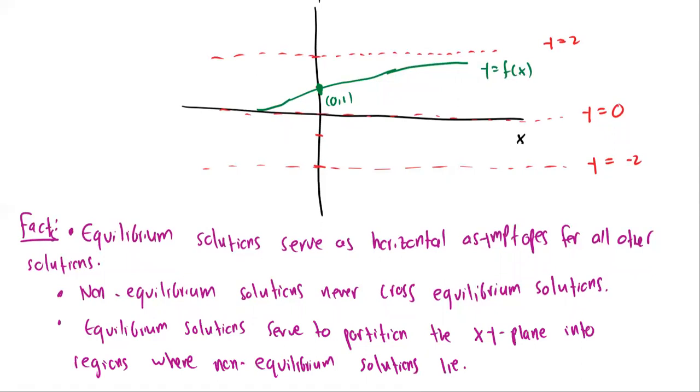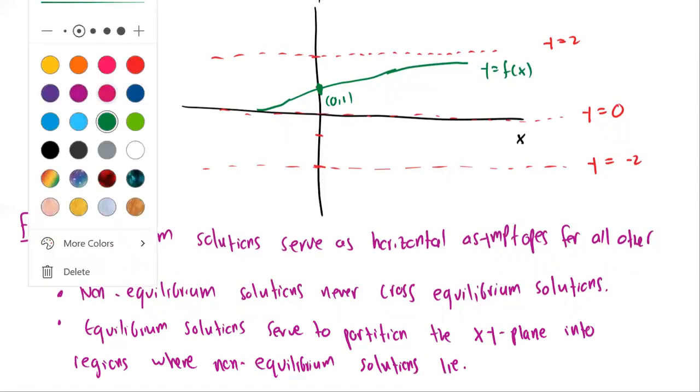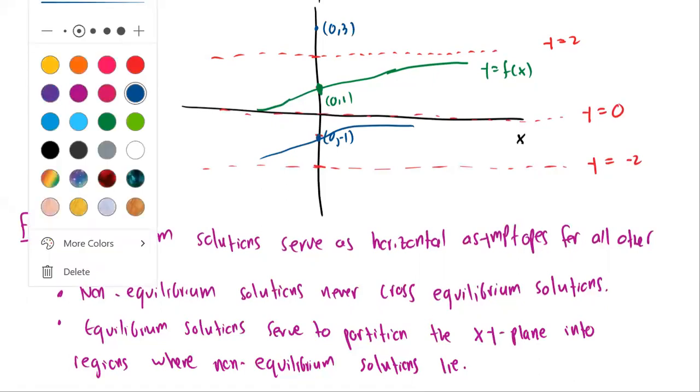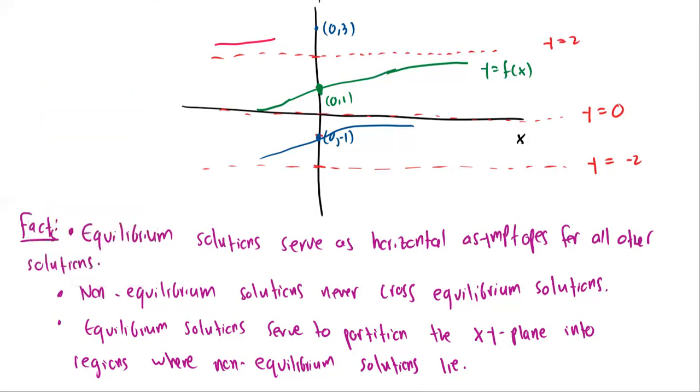As another example, if I had a solution that I know goes through the point, what color should I use? Let's use blue. If I have another solution that I know crosses through the point 0, negative 1, then I know that that solution has to always stay in this region, in the region between y equals 0 and y equals negative 2. And of course, I have other options. If I have something that crosses, for example, through 0, 3, it has to stay above y equals 2. So it would be here somewhere like that.